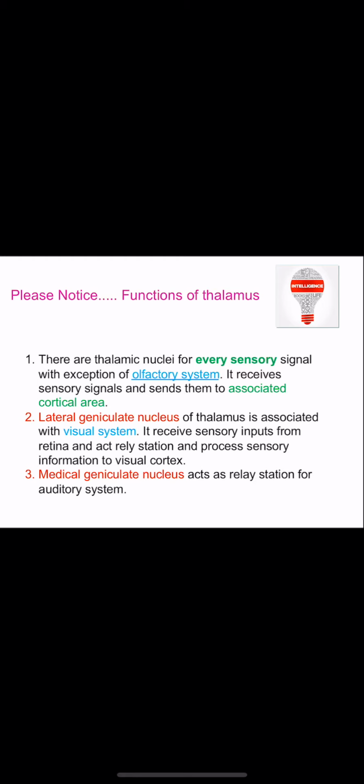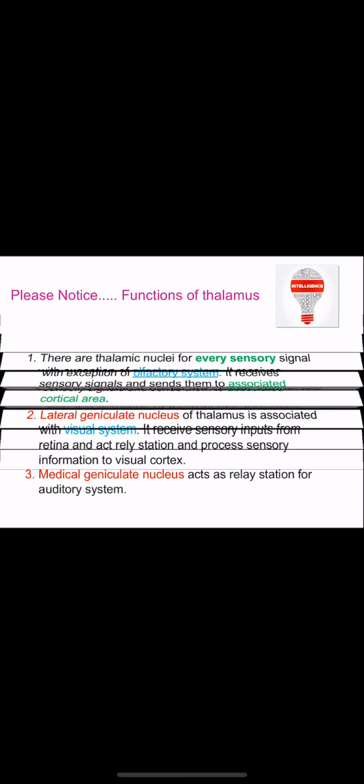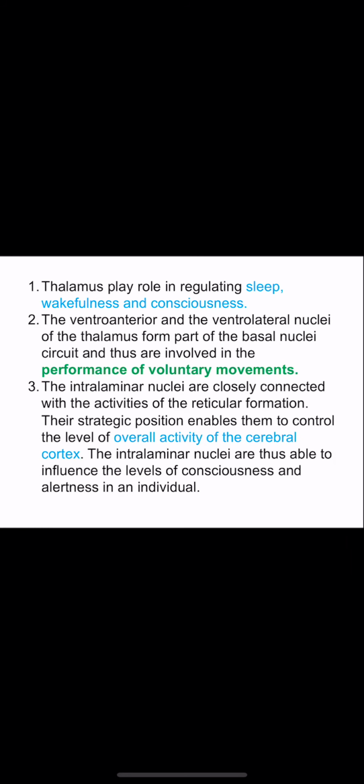The medial geniculate body is also part of the posterior part of the thalamic nuclei and acts as a relay station for the auditory system to proceed the information to the temporal lobe, to the primary auditory area. The thalamus also plays a role in regulating sleep, wakefulness, alertness, and consciousness.